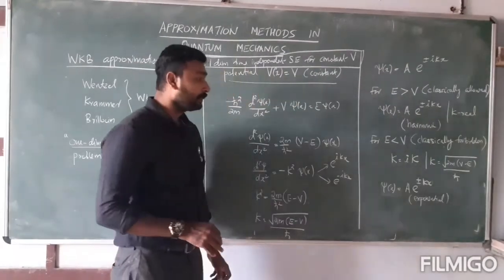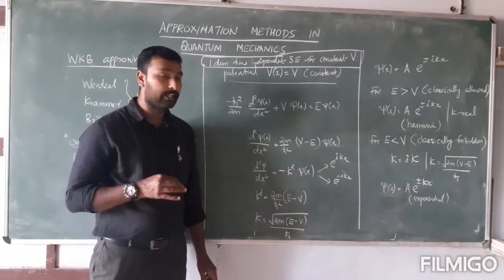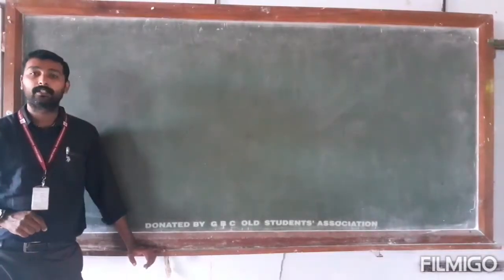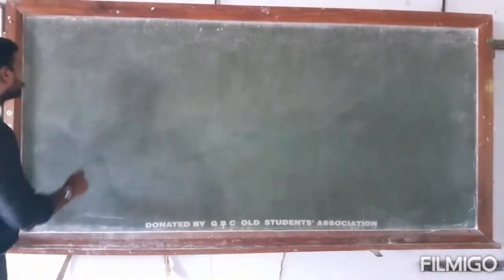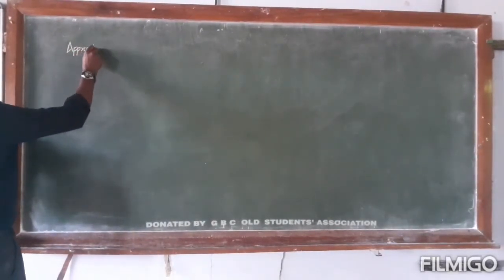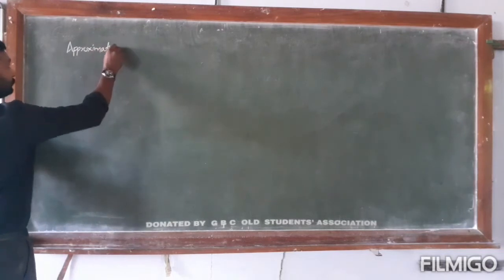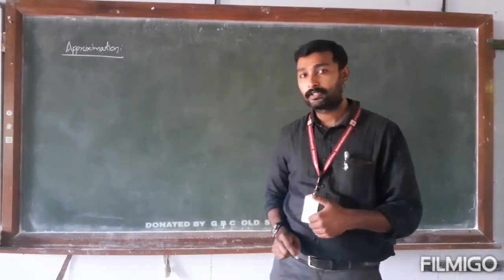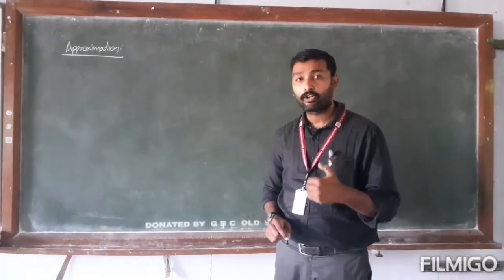Now next we can introduce what the WKB approximation is. In the previous session we discussed the problem of a constant potential.